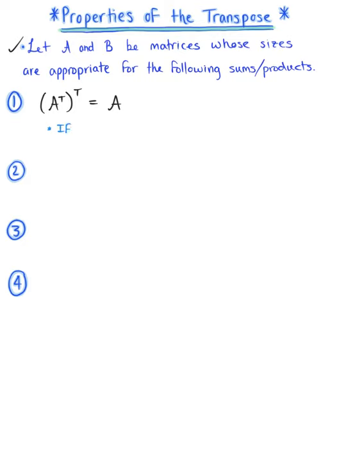So let's say we have the ith-jth entry of matrix A. Then by taking the transpose, this is equivalent to the jth-ith entry of the transpose of matrix A. Now if we start with that entry, and we take the transpose again, we are left with the ith-jth entry of matrix A, which is the same entry as the original matrix A. So these show us the equivalence of our first property.